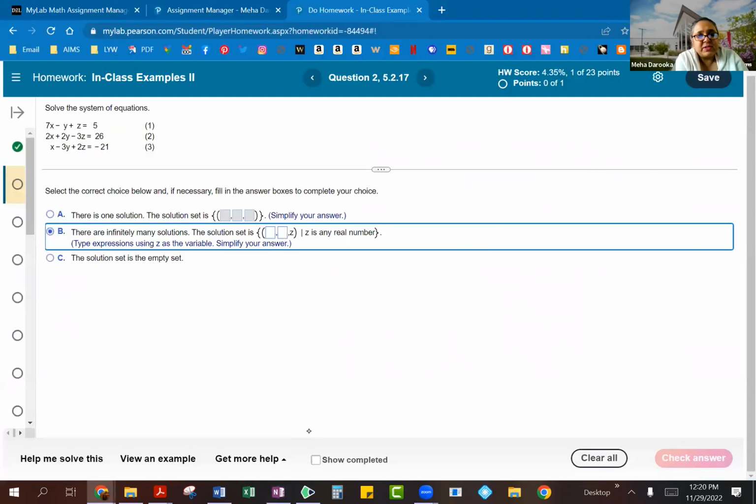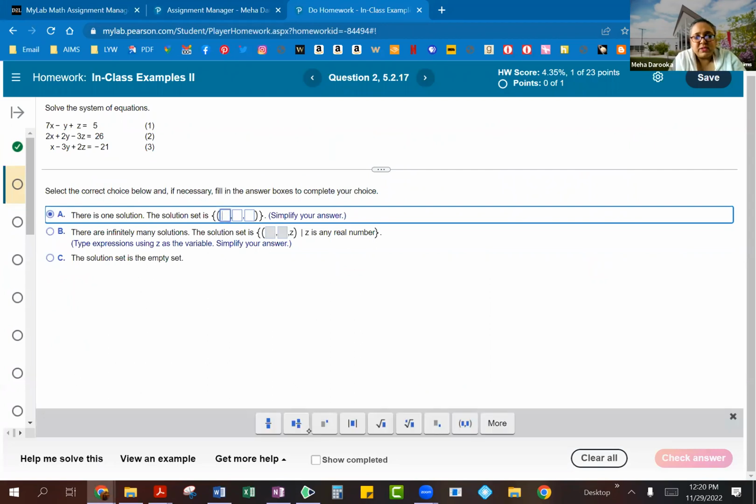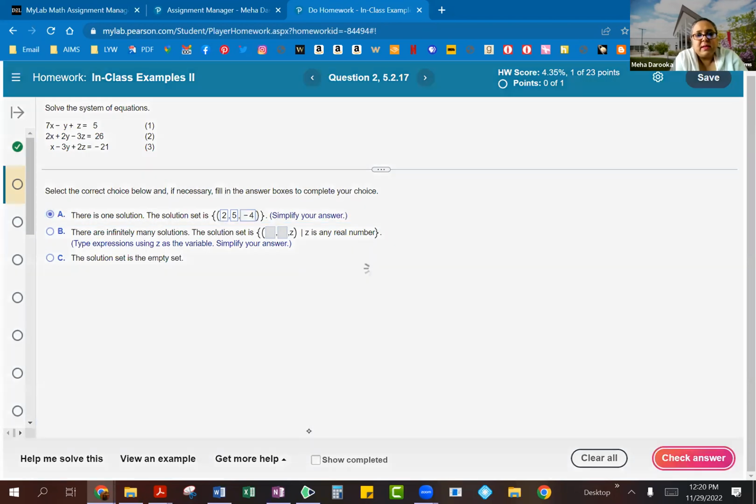So let's plug that answer in. So that will be one solution, and that is 2, 5, negative 4. There we go. Okay, and we are good to go.